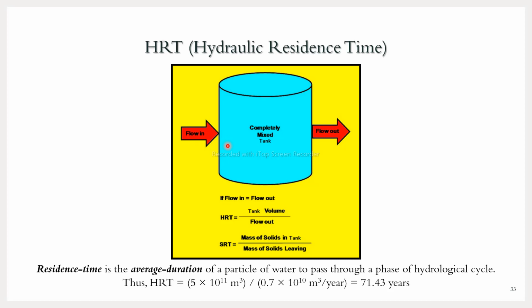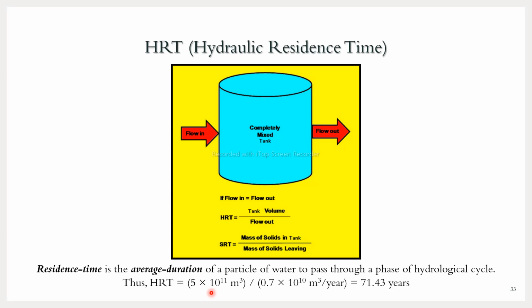So if we consider one water particle to represent most of the water particles which are coming inside or going out, the water flow inside the tank must be in the steady state. So here we can consider the tank to be a watershed or lake, as in our question.